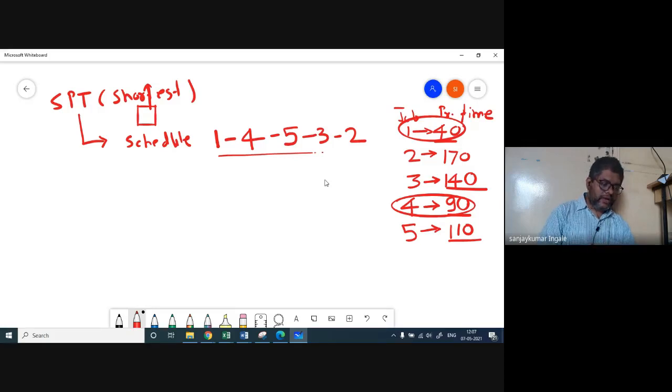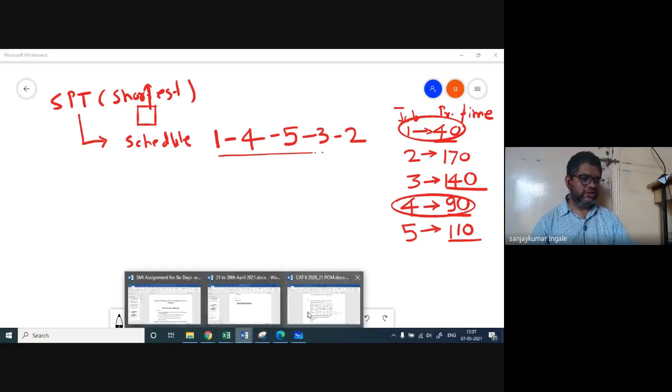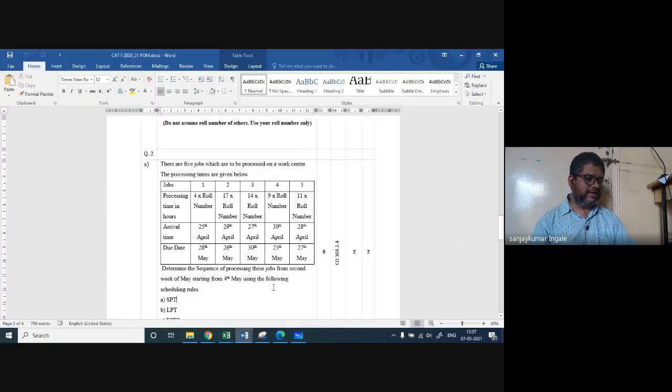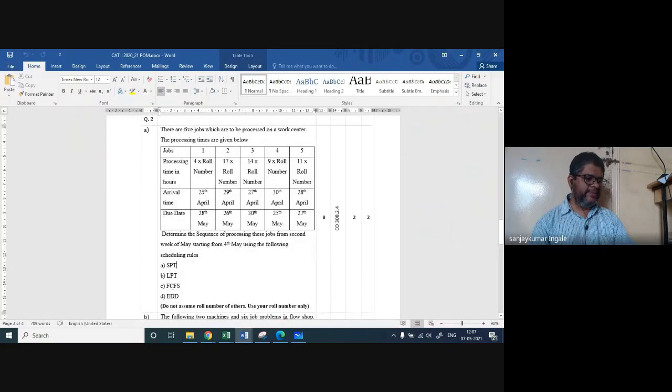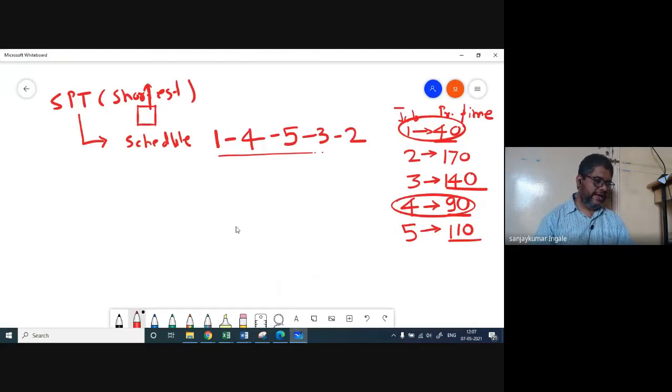Then there is another criteria given in the question, and that criteria was LPT. What do you understand by LPT? LPT is the longest processing time.